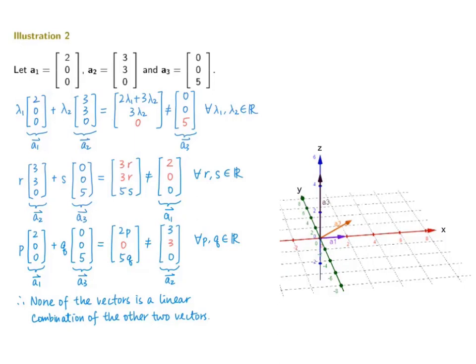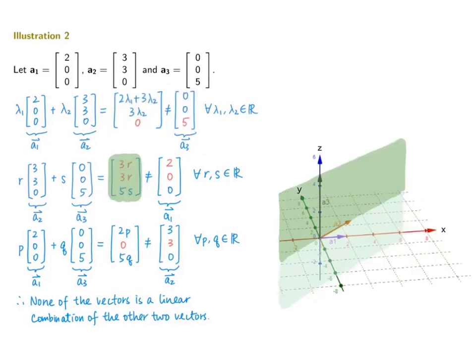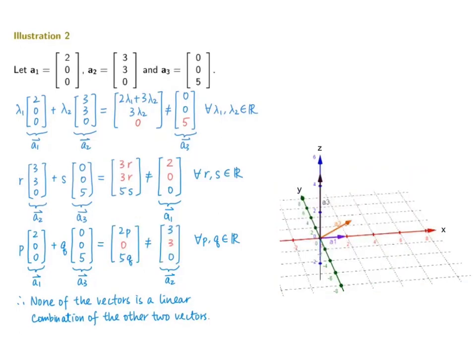Geometrically, we cannot reach the same position that a vector can reach by using the other two vectors. This means we cannot use other vectors to take over the job that any individual vector does.